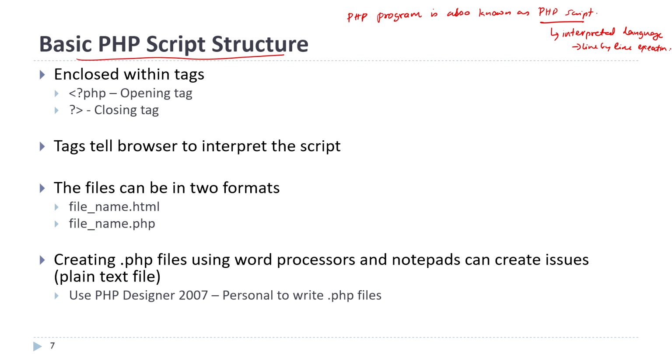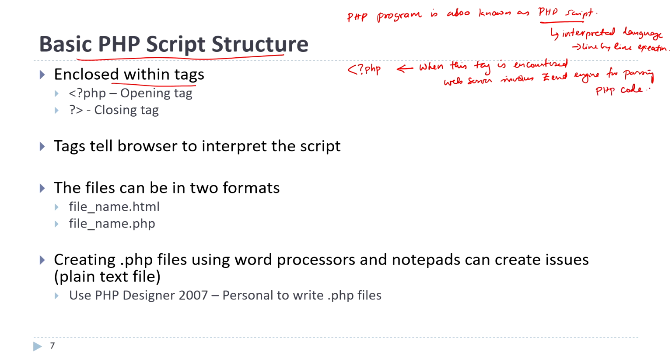Now, the basic structure is, it is enclosed within two tags. An opening tag and a closing tag. The opening tag is a less than sign, a question mark, and without any space, PHP. When this tag is encountered, the web server invokes the Zend engine for parsing PHP code.